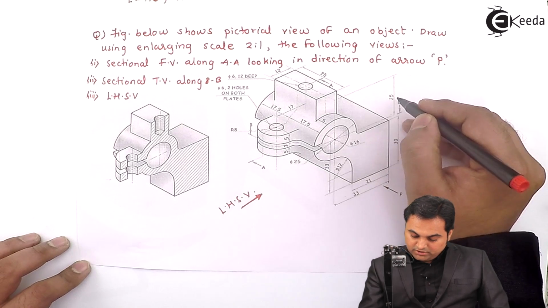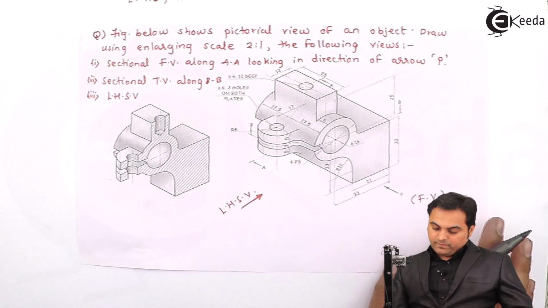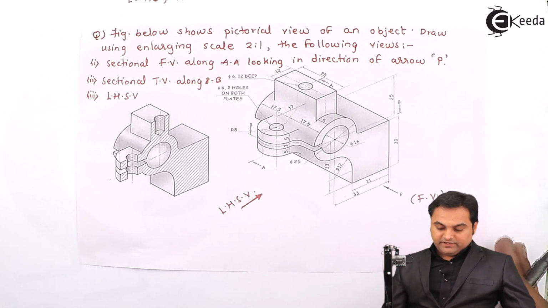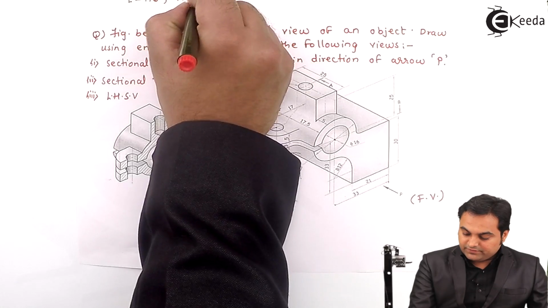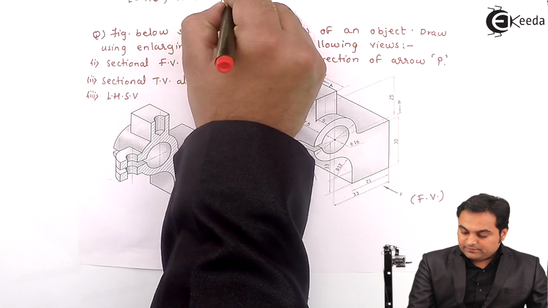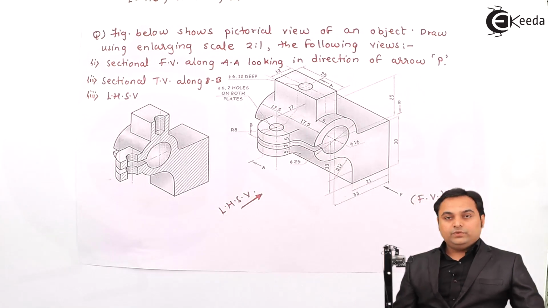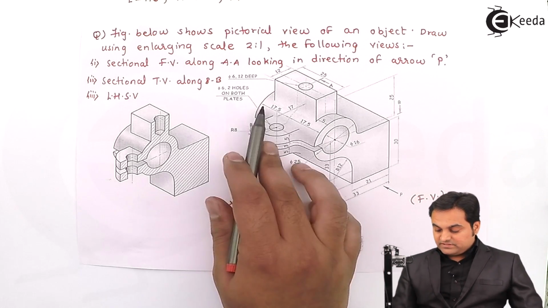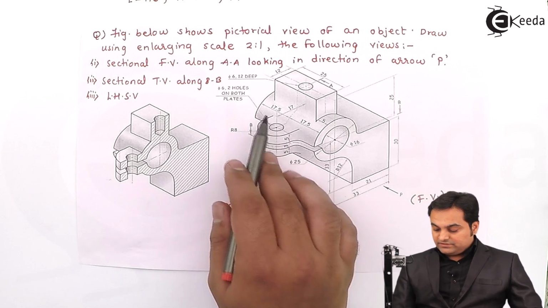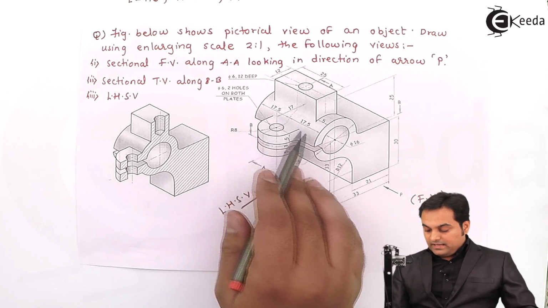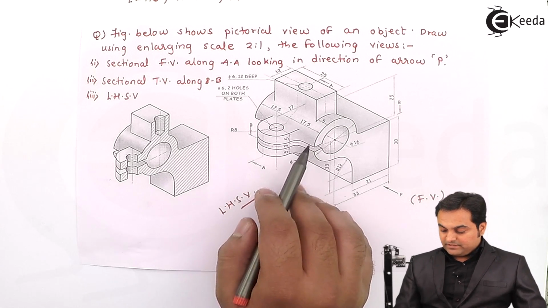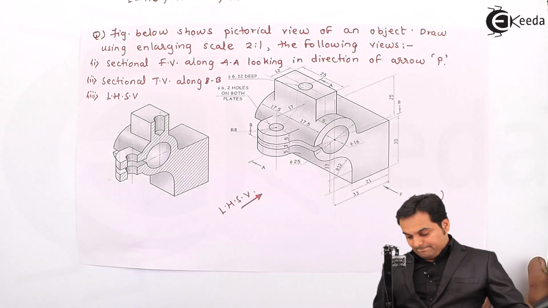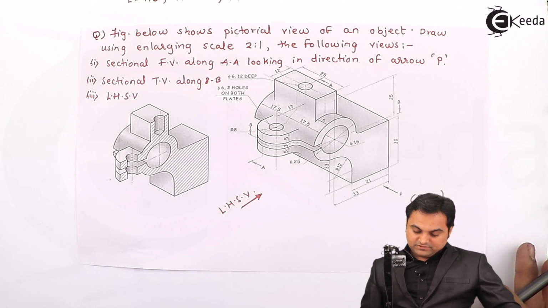So 33 plus 25, that is also 58 mm. So height is also 116, and then for the total width, here this is 17.5 plus 17.5, that is 35 mm, and when I make it double, that will become 70 mm as the total width.